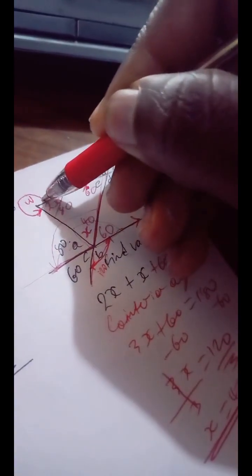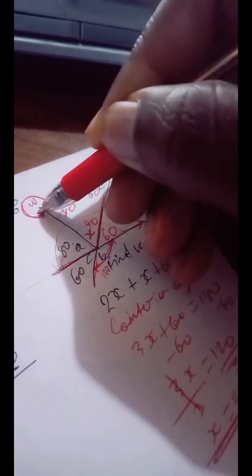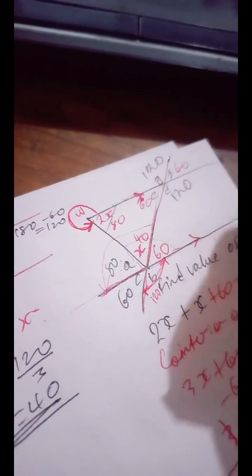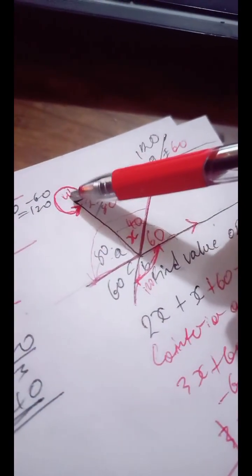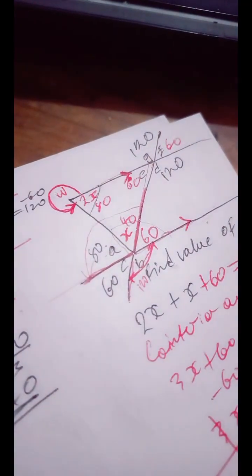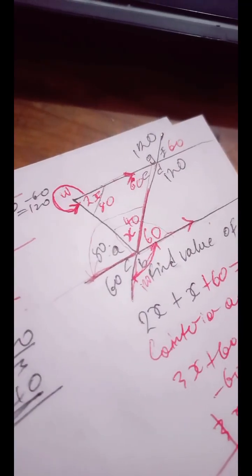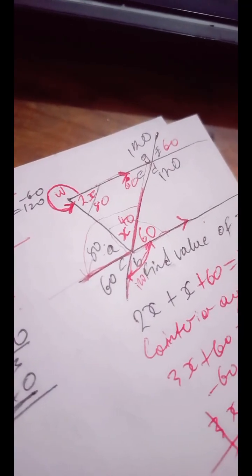We are done. Somebody tell me. Let's say here you are given angle W. How many degrees is this angle W, please? Somebody tell me how many degrees is this angle W. Angle W is not 360, guys.